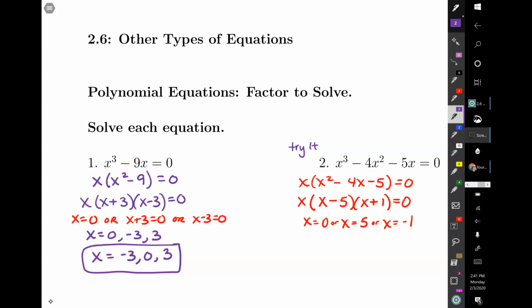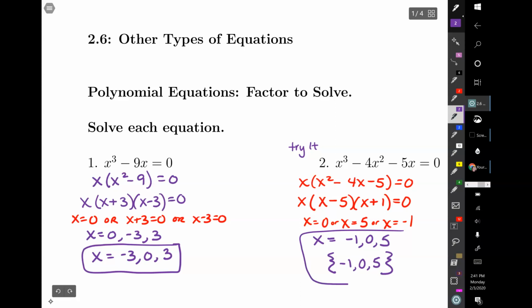I get x equals 0, or x equals 5, or x equals negative 1. I do want to write those in numerical order, so I'm going to write x equals negative 1, comma, 0, comma, 5. On your key, you may see it with the braces and then in set notation, very similar. Either one of those is okay.